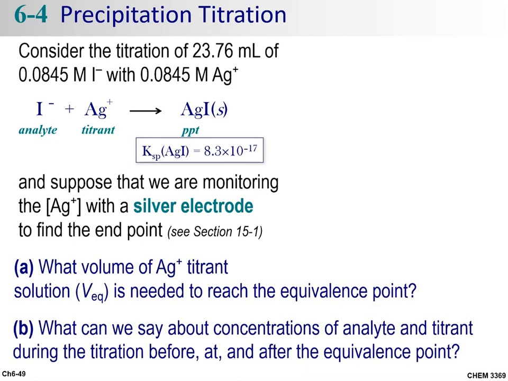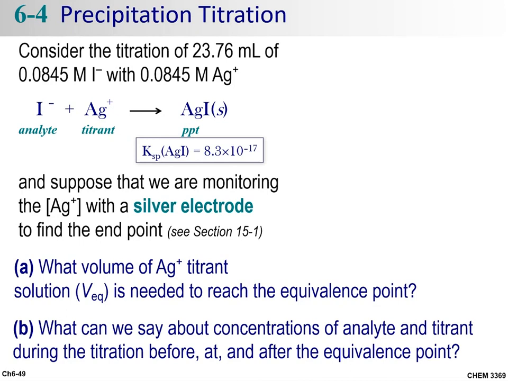The source of silver plus ions can be, for example, silver nitrate, right? And that will give us the silver plus ions in the solution. Okay.